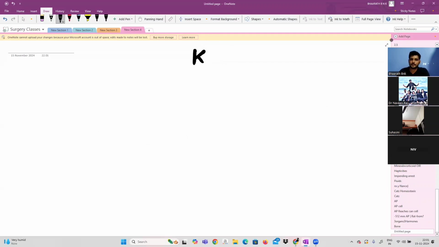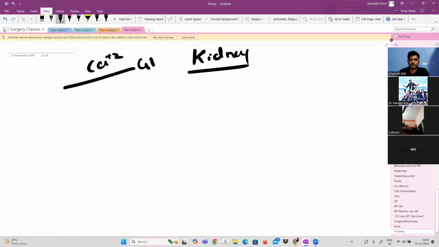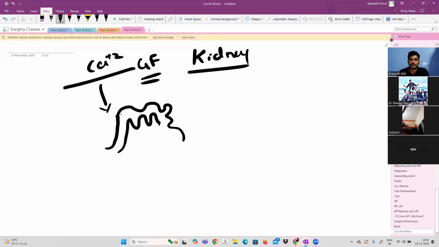In the kidney, once the calcium is filtered through the glomerulus, it passes through the ascending loop of Henle. Then there is the distal convoluted tubule, and then there is the collecting duct.